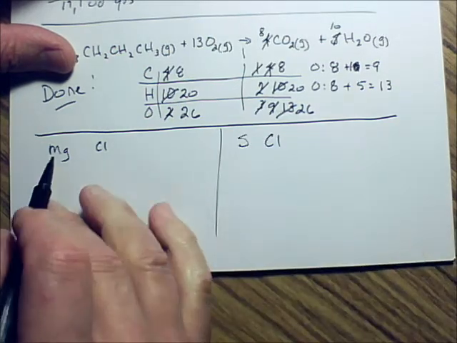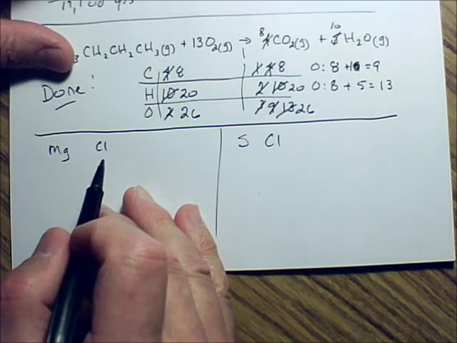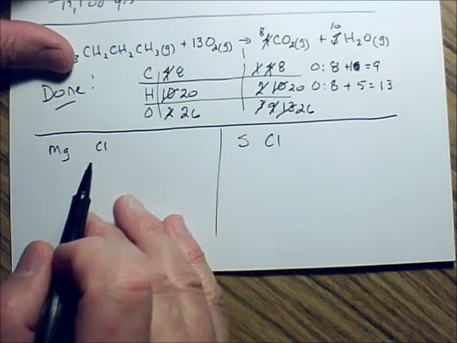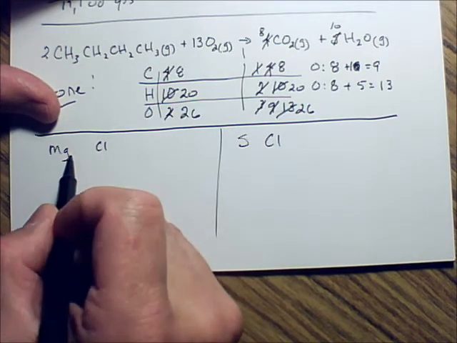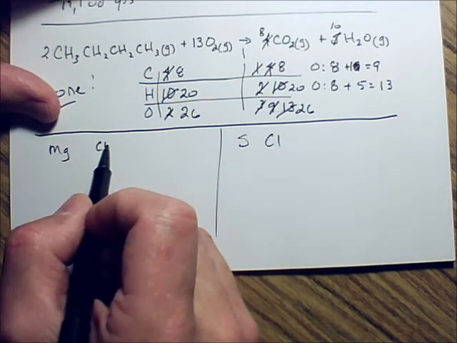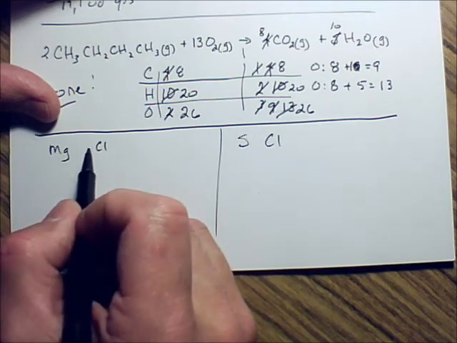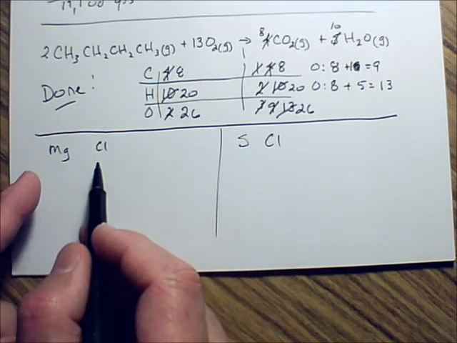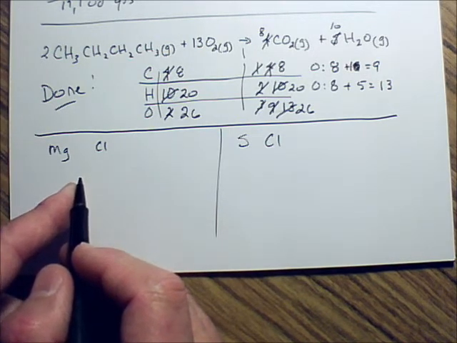Okay? So magnesium is a metal. Chlorine is a non-metal. So when magnesium combines with chlorine, magnesium is going to give up electrons and chlorine is going to gain them. So you're going to have two oppositely charged particles. The opposite charges are what holds magnesium chloride together.